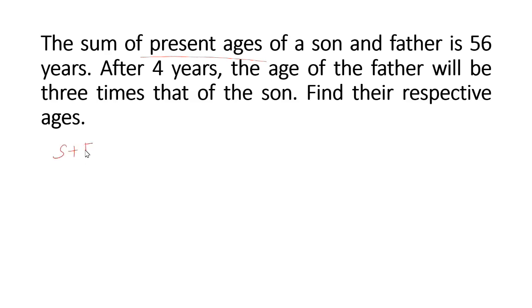After 4 years, what will be their ages? S plus 4 and F plus 4. After 4 years, the age of the father is 3 times that of the son.